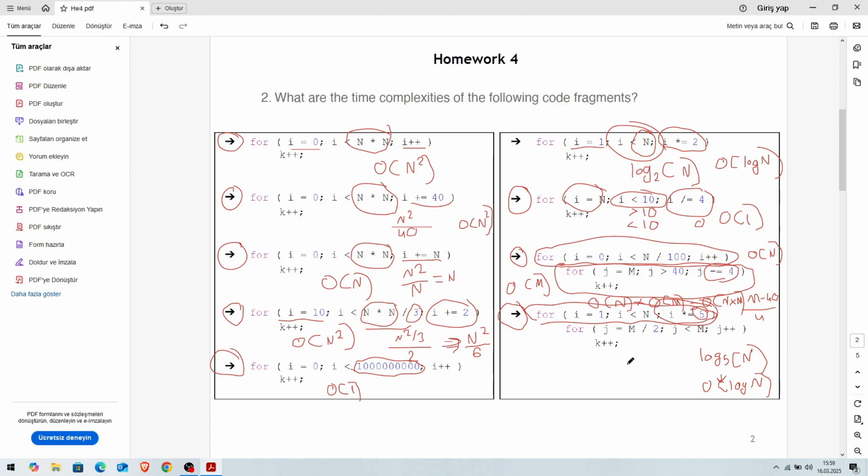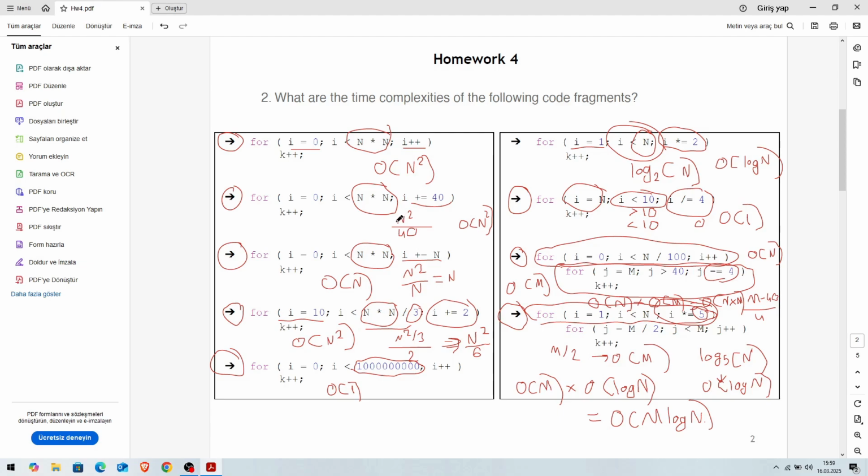So it performs about m divided by 2 iterations, which is O(m). Nested together, the total is O(m) multiplied by O(log n), so it's equal to O(m log n). And this was the second question.